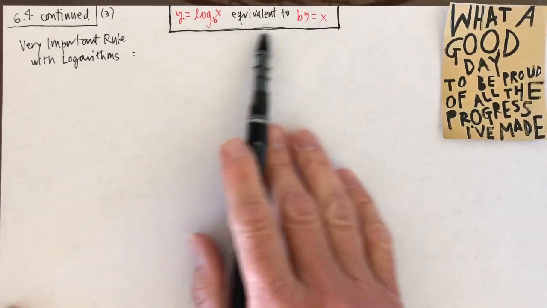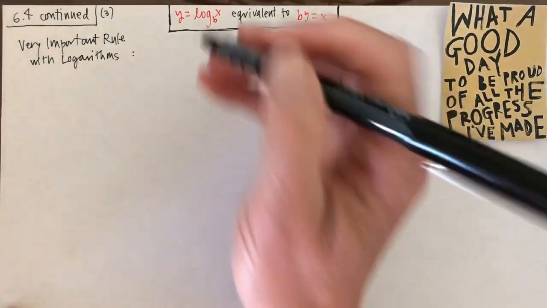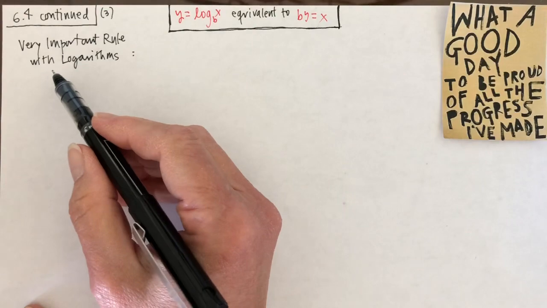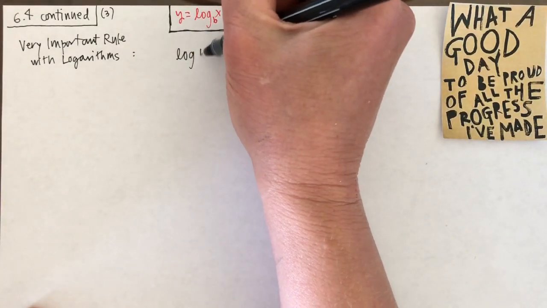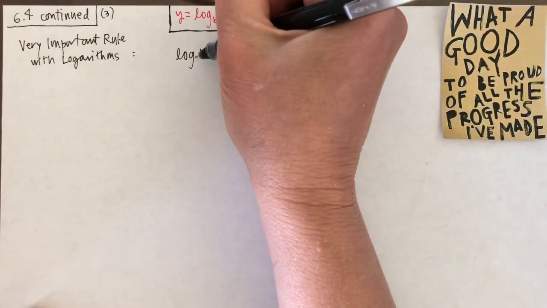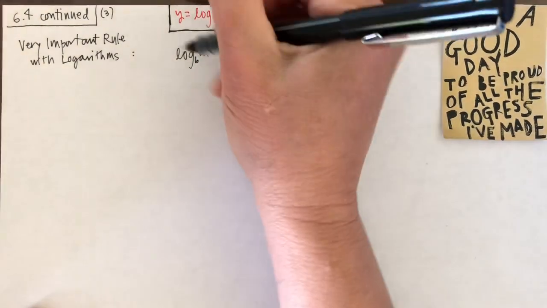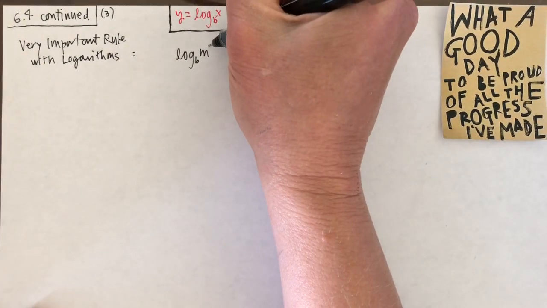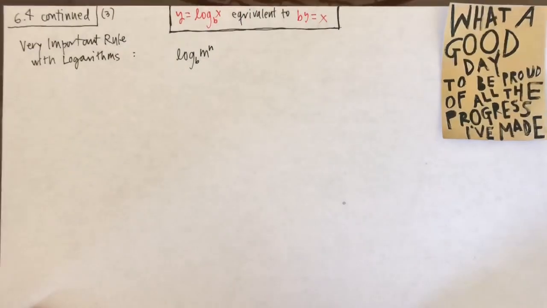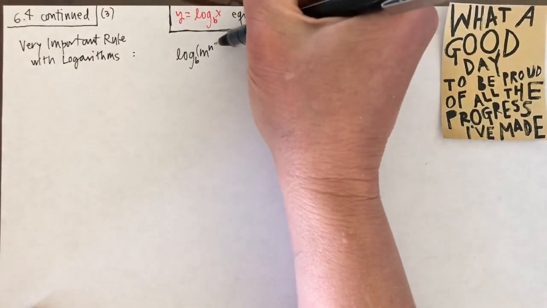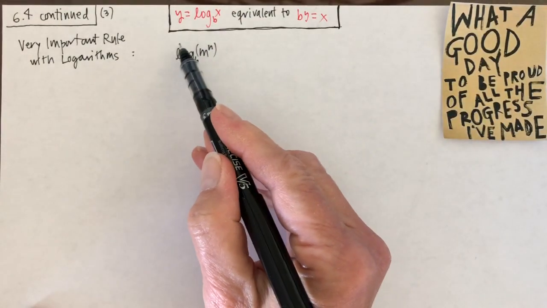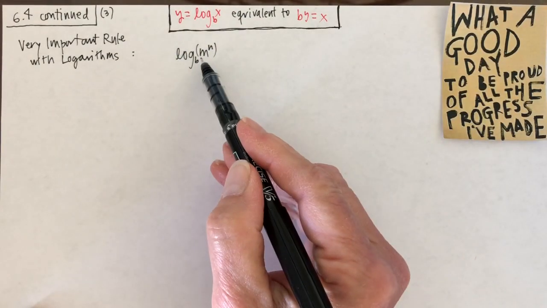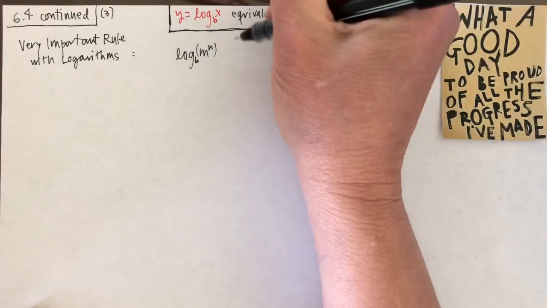This is how you translate from one to another. But getting back to our important rule, if we are taking the log of something, and we have it to the base b, but the thing that we're taking a logarithm of has a power, you can actually bring that power out front and multiply it by the log in this way.